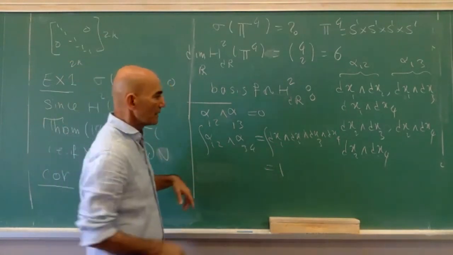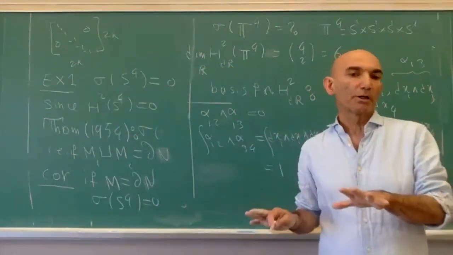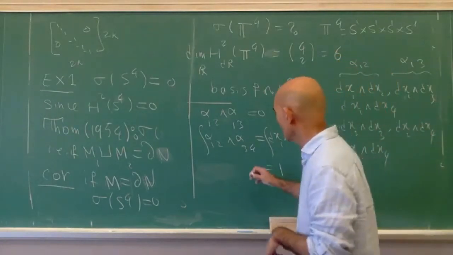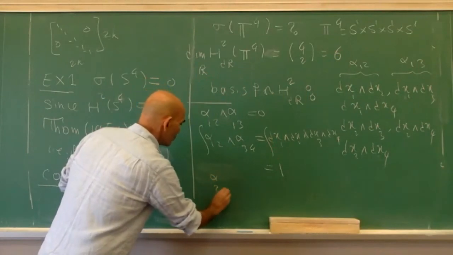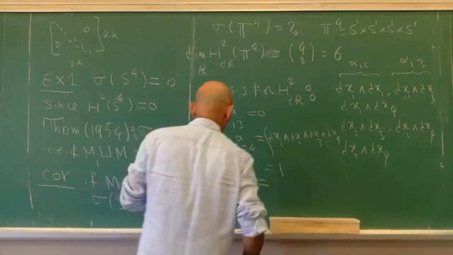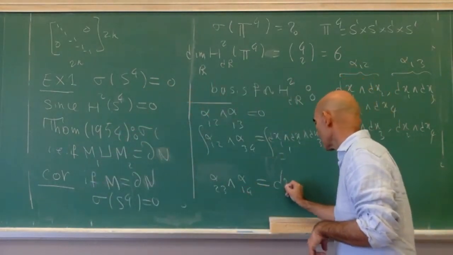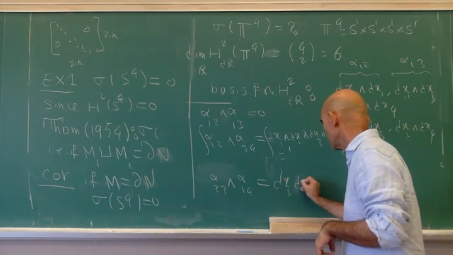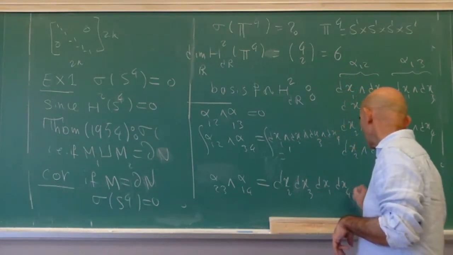So you can similarly compute. You're going to get 3 plus 1 and 3 minus 1. So for example, let me just write down alpha 2,3 wedge alpha 1,4. What is that? Well, this is dx2 dx3, let me not put wedge, dx1 dx4.